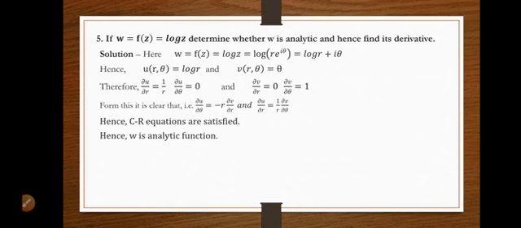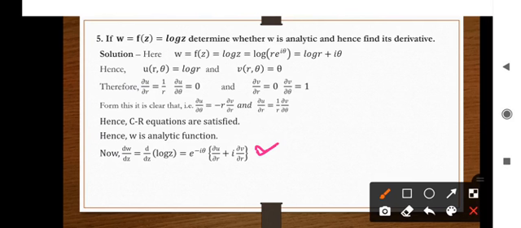Now we have to find its derivative. Here in case of polar form, the formula to find the derivative is a different one. Remember this formula. It is not only dou u by dou r plus i dou v by dou r as in case of Cartesian form, but along with this there is a multiplier, that is e raised to minus i theta. So substitute the results.